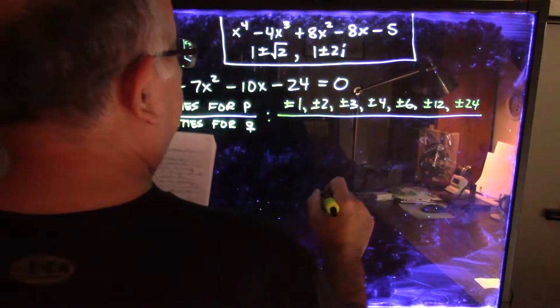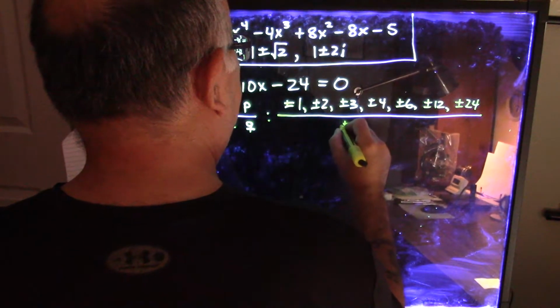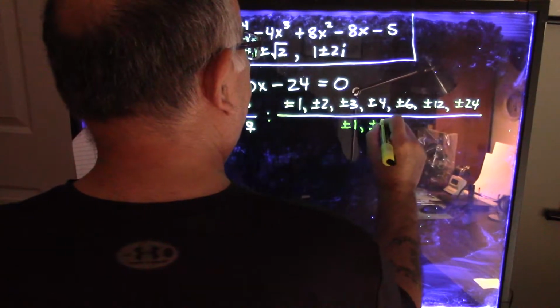And then the factors of the leading coefficient are plus or minus 1 and plus or minus 2.